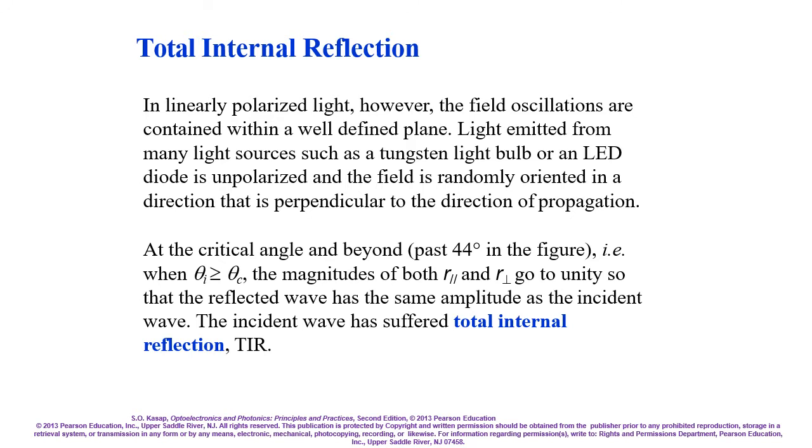At the critical angle and beyond, which is shown as 44 degrees in the figure before, when theta I is greater than theta c, meaning the incident light angle is greater than the critical angle, the magnitudes of both r perpendicular and r parallel go to unity, so that the reflected wave has the same amplitude as the incident wave. The incident wave has suffered total internal reflection, or TIR.